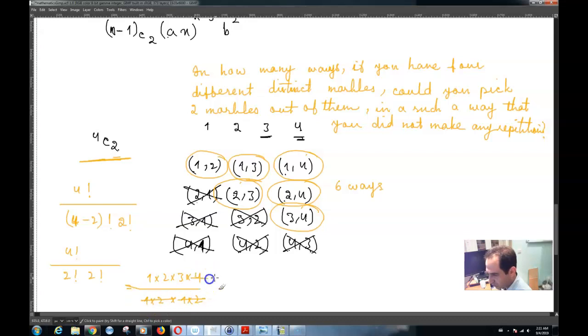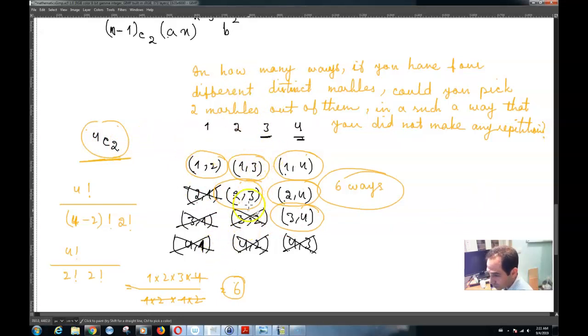This is 2 and 2, and this is 4, which is 6 ways. 6 ways, and 1, 2, 3, 4, 5, and 6, exactly 6 ways. So that's basically, for example, 4 combination 2.